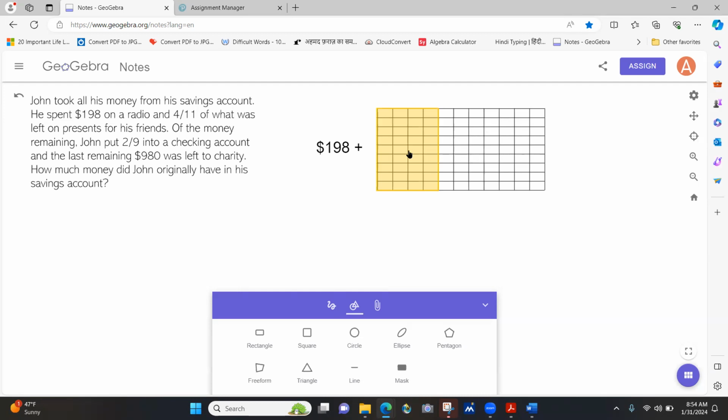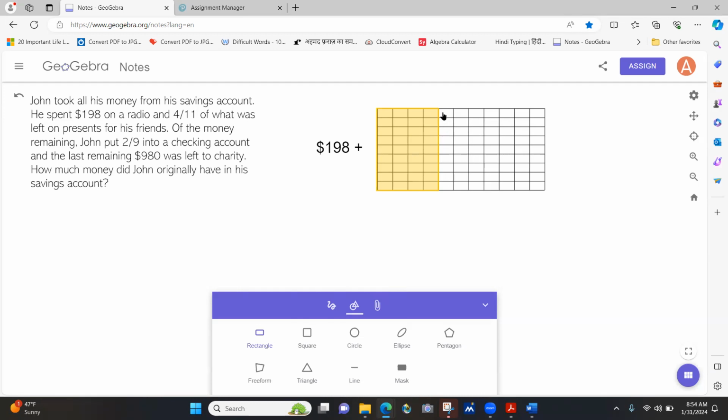This yellow area represents what he did for his friends. He bought some gifts. That money is gone. Then 2/9 of what was left. Now, take a look. The white pieces are also 9 rows. 1, 2, 3, 4, 5, 6, 7, 8, 9.